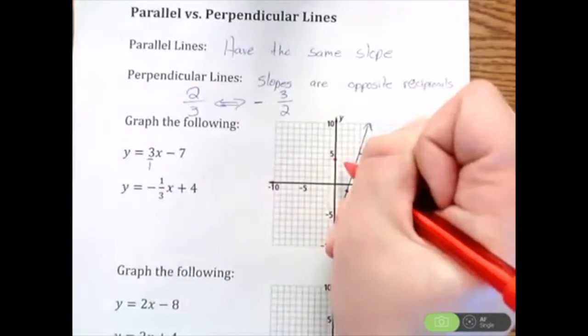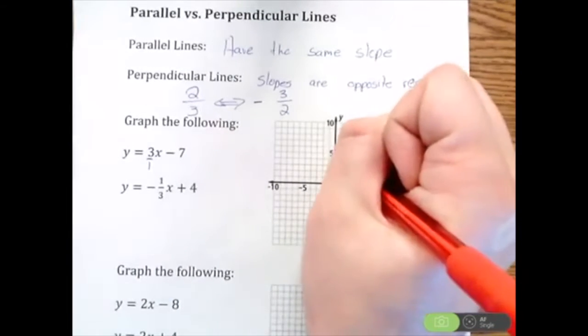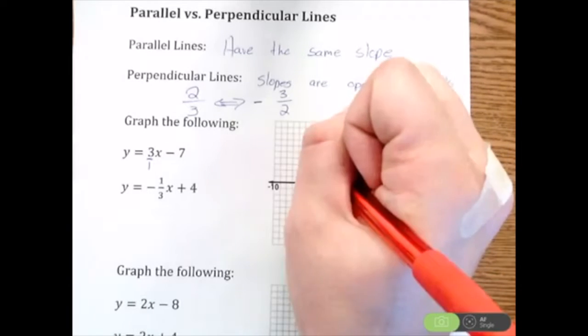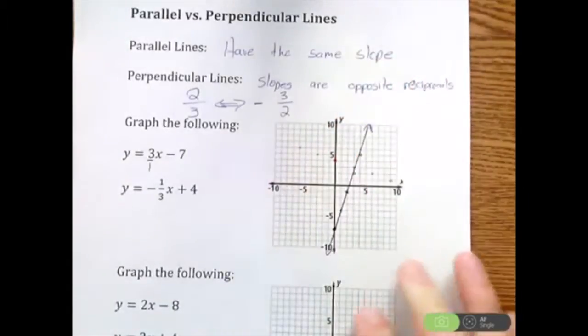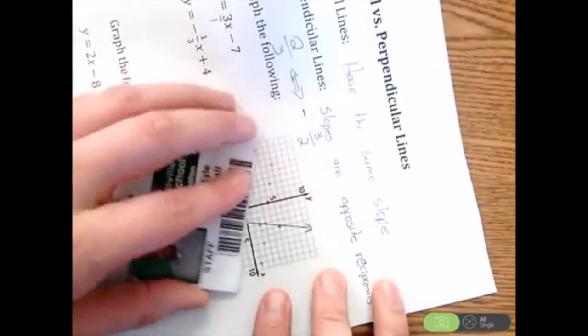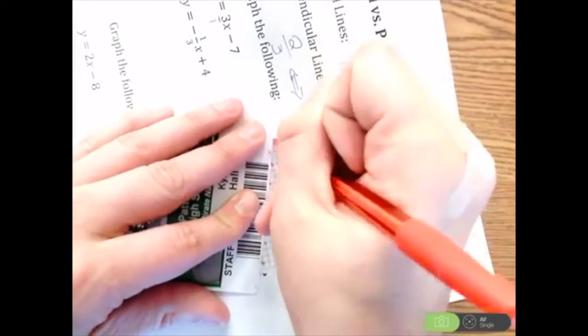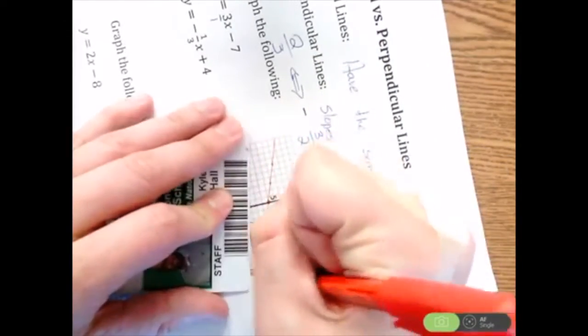If I go the opposite direction, up 1 to the left 3, and so on and so forth. And I can take an ID, anything straight, and come up with that line.